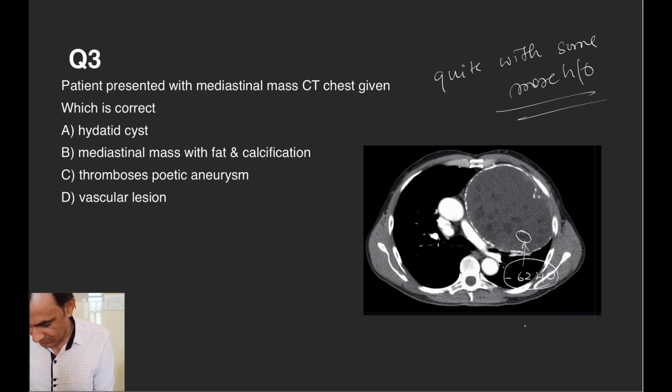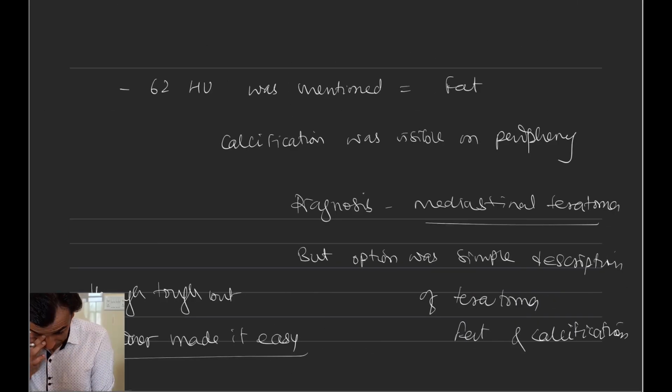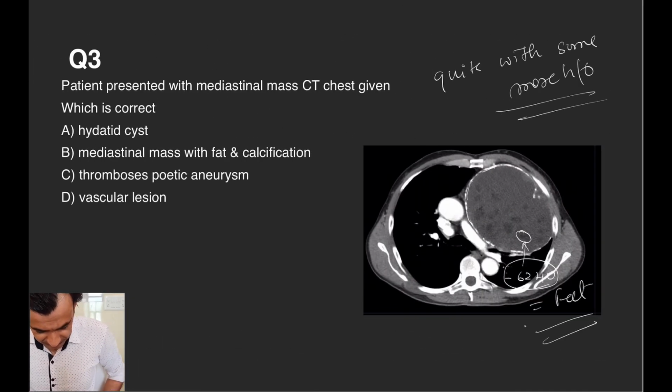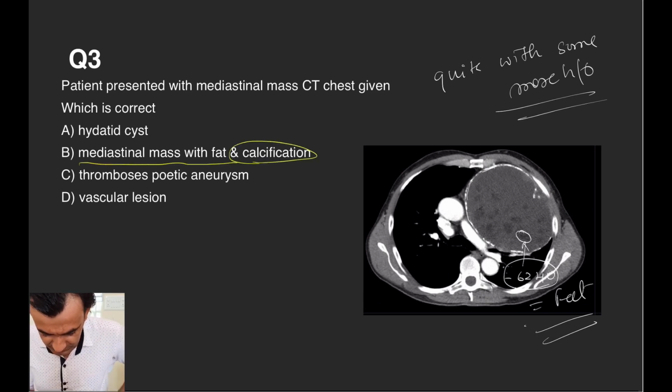So minus 60 Hounsfield unit is fat, and calcification was clearly visible on peripheries. So the picture was of mediastinal teratoma.